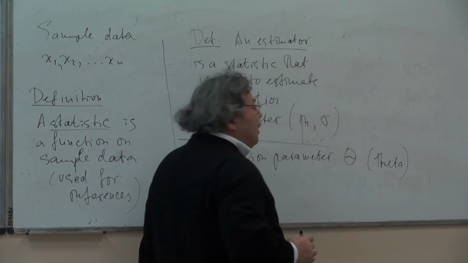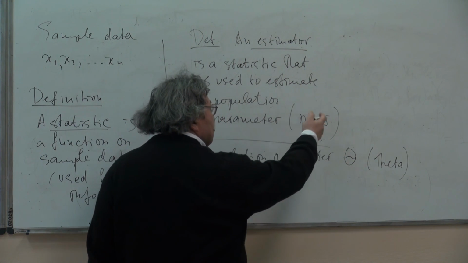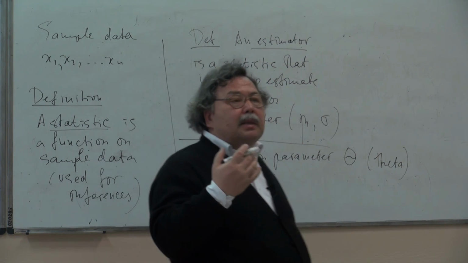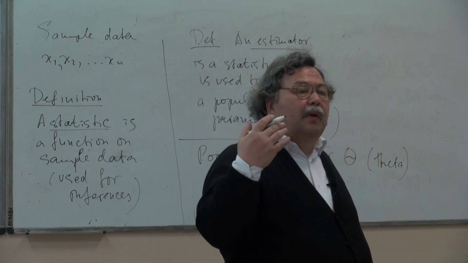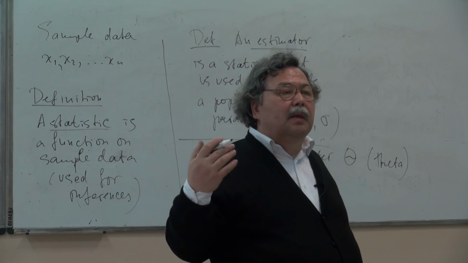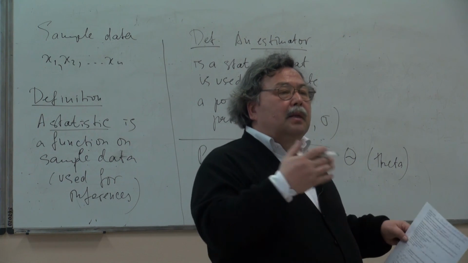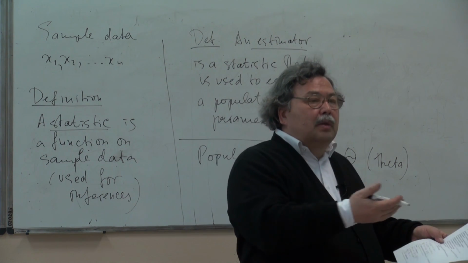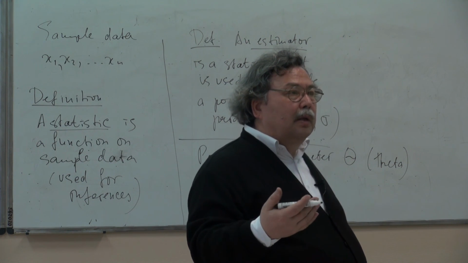Okay? Again, theta, you can think of this as mu or sigma, but the point is, we do this when we don't know the actual values or value of mu or the actual value of sigma. This is why we try to estimate the parameters that are not known to us on the sample data. This is the whole story.